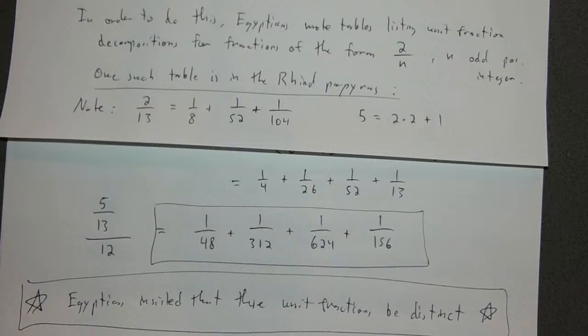And they understood that 5 is not divisible by 13, so that is going to yield a fraction rather than a whole number. They didn't write 5/13 as a fraction. For them, a fraction was only one of these sums of unit fractions. So it's not like they started with the improper fraction and then broke it down.